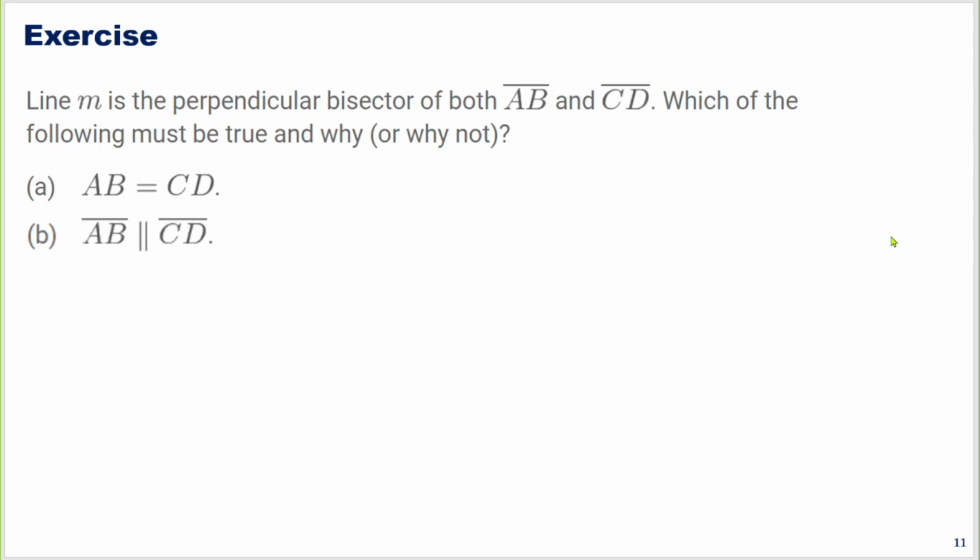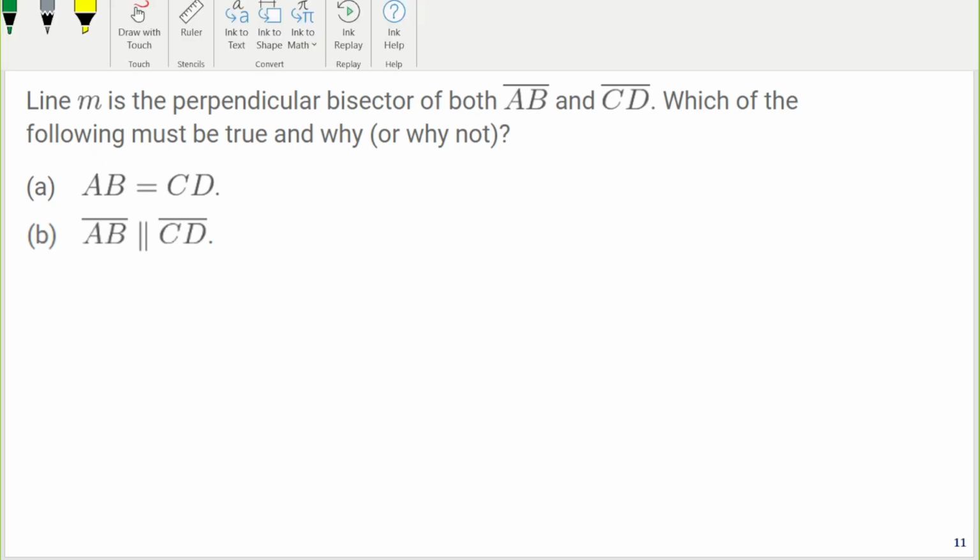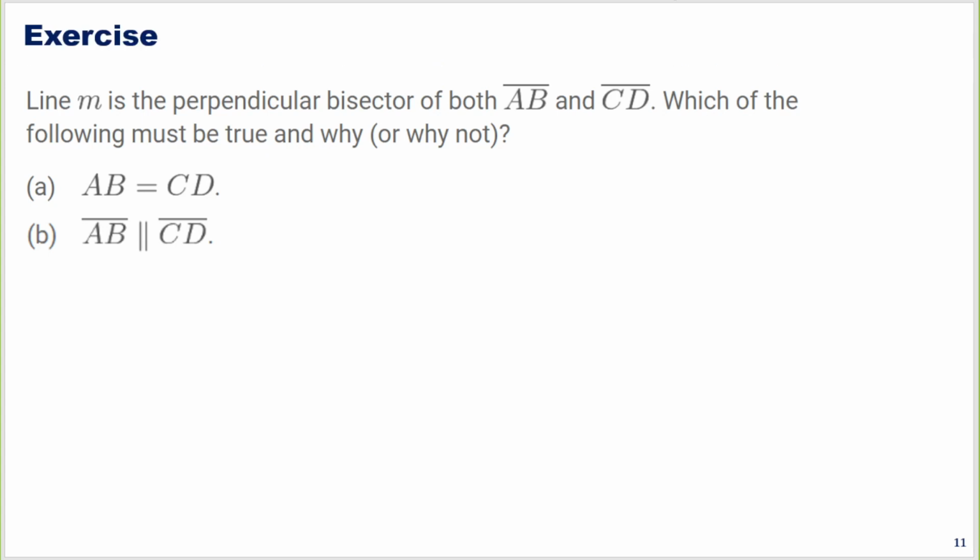Or if you prove it must be false, you should also give your proof here. Okay, I'll give you a hint. So first of all, it's better to draw a diagram to talk about the situation here.